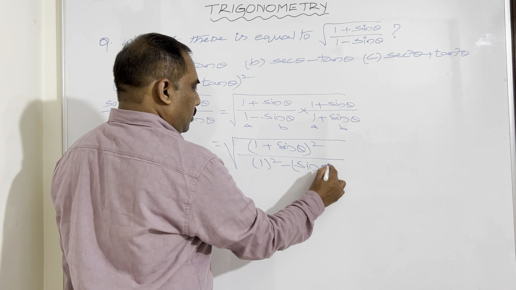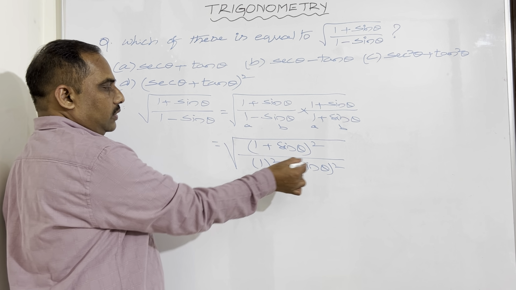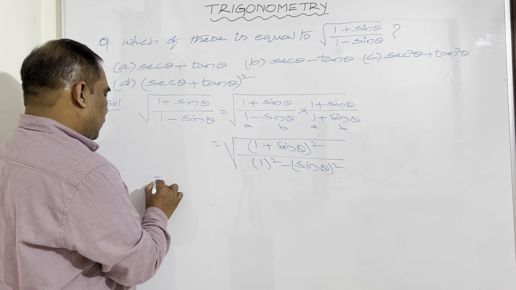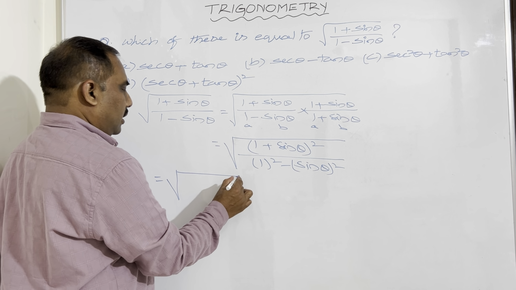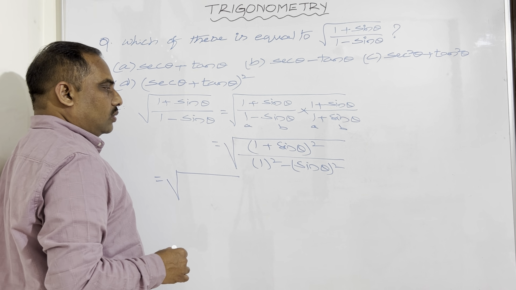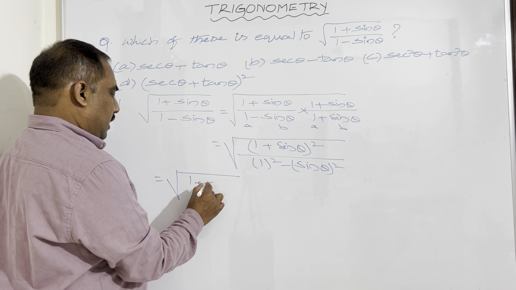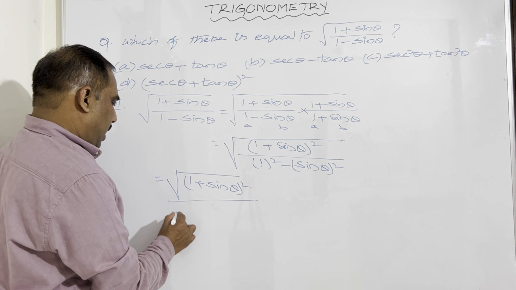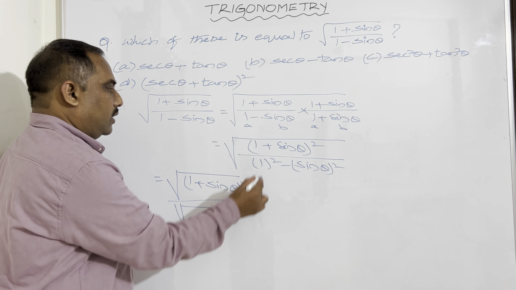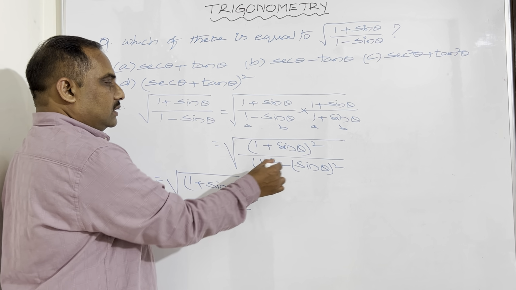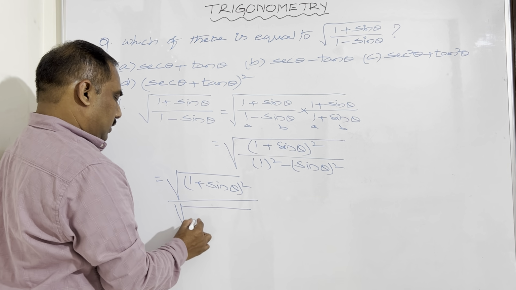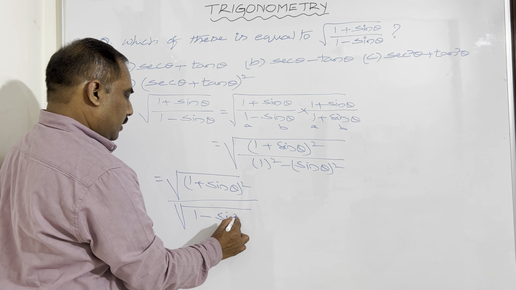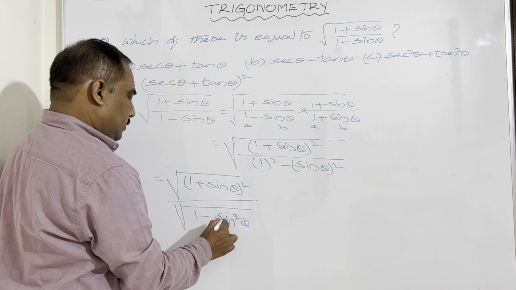Here a square means 1 square, minus b square means sin theta whole square. So now it is equal to root over 1 plus sin theta whole square by root over 1 minus sin theta whole square, that is, 1 minus sin square theta.